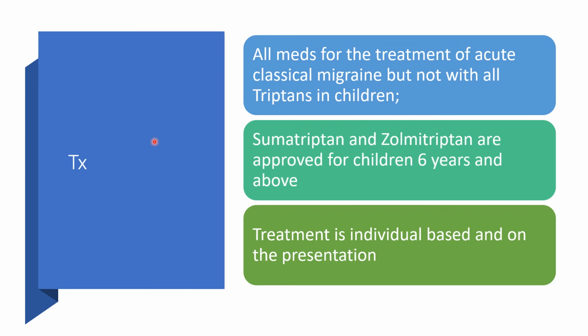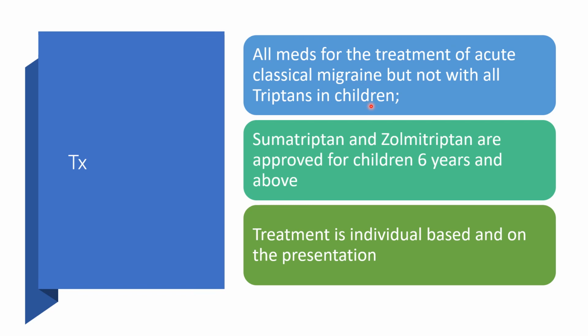Still on treatment, all medications for the treatment of acute classical migraines can be used, but not all triptans in children. So, in other words, all medications that you can use to abort and then suppress classical migraine could be used here, but when it comes to triptans, you cannot use all of them.